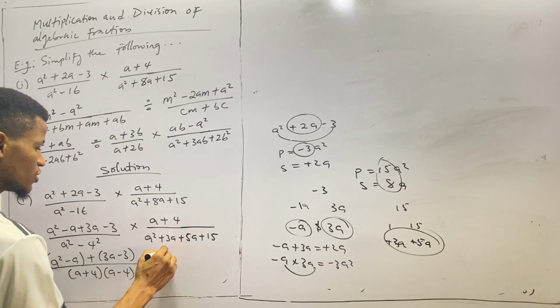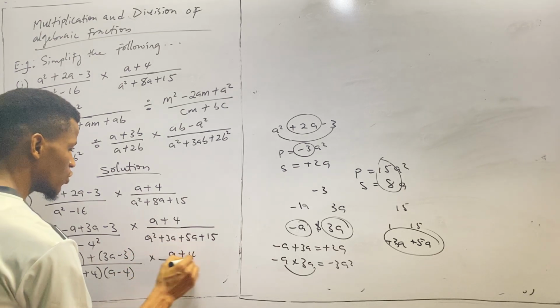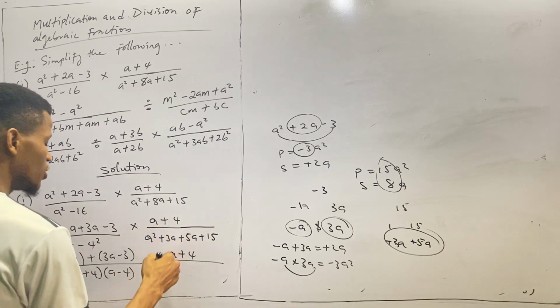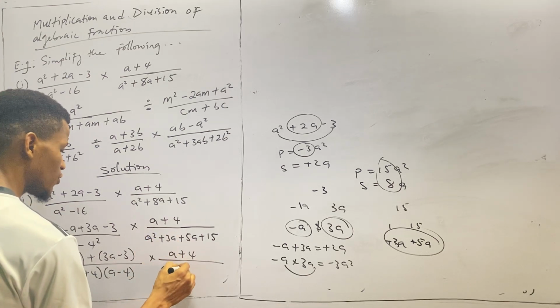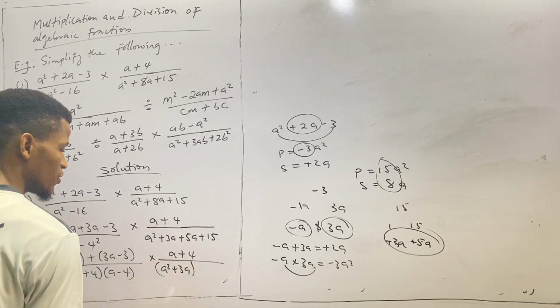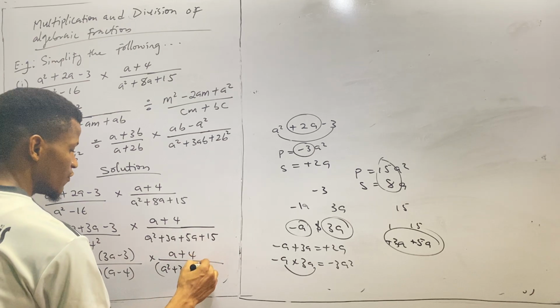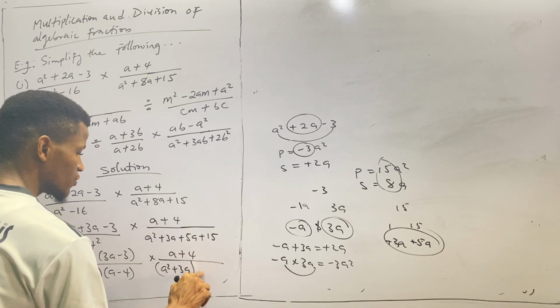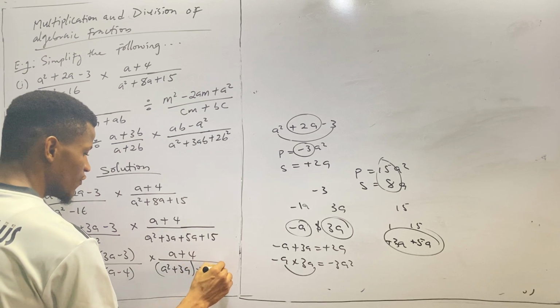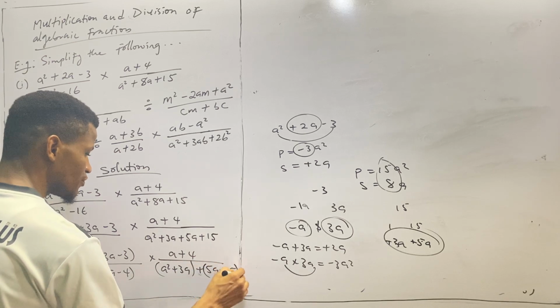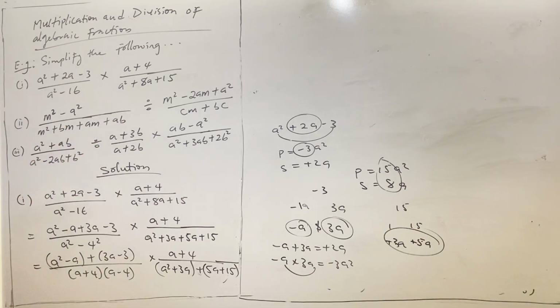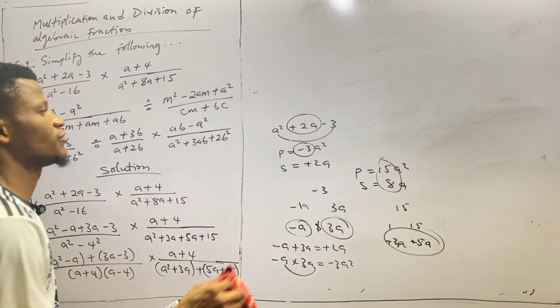Then times, this is a plus 4 all over, we group them two by two, which is a squared plus 3a, then plus 5a plus 15. All right, 5a plus 15.